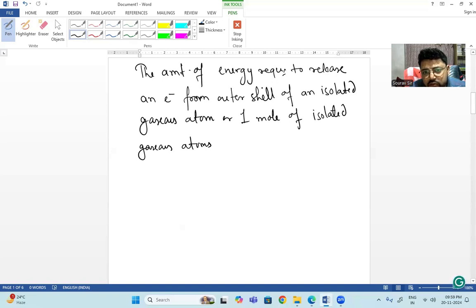The amount of energy required to release an electron from the outermost shell of an isolated gaseous atom, or 1 mole of an isolated gaseous atom. This is the ionization energy. It's called ionization energy.